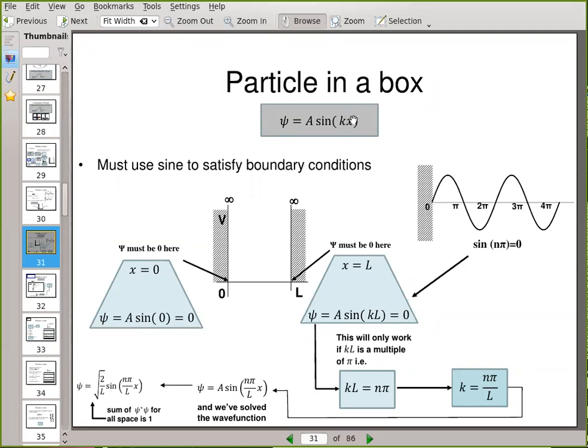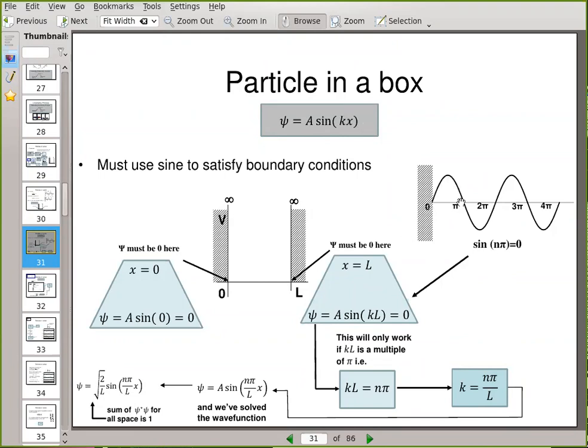How could you make k such that putting in 5 would drop this all to 0? The way to do it is to have n pi over 5, because the 5's cancel and you're left with sine of n pi.